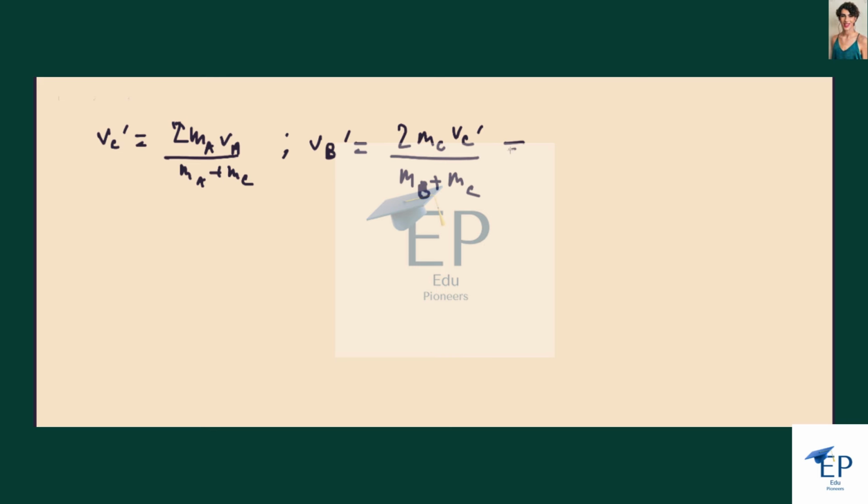And so this is just 2MC over MB plus MC times VC prime, which is times 2MA VA over MA plus MC.